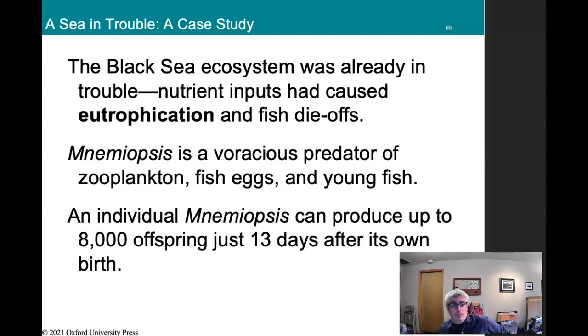And so one individual can produce 8,000 offspring in 13 days after its own birth. So if you have one individual, 13 days later, that creates 8,000 individuals. 13 days later, all of those 8,000 produce 8,000 each. You can see you get a whole bunch of these things really fast. It's pretty impressive.